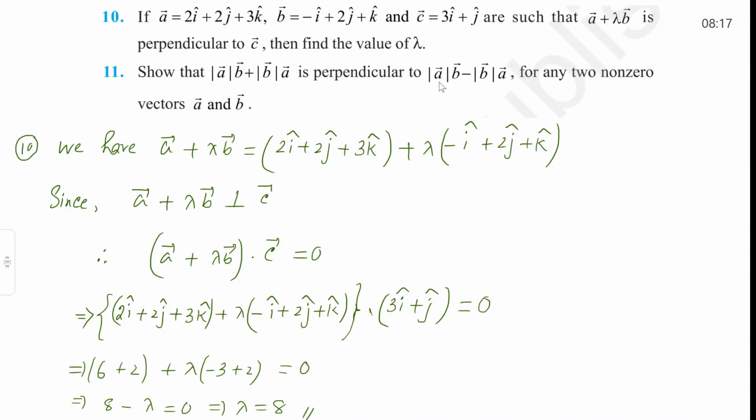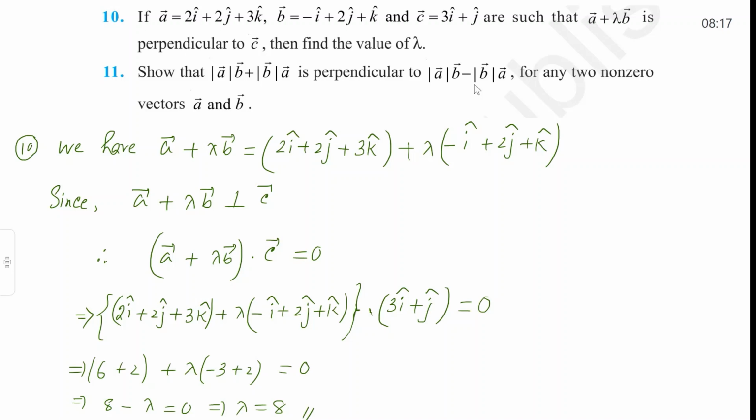Similarly, this is only A and this is only B. So the vector parts are only B bar and A bar, and these mod terms should be considered as scalar. By considering that, you complete the dot product, all the terms will get cancelled, and you will get this value equal to 0, which will show that the vectors are perpendicular to each other. So I think you can solve this question number 11.